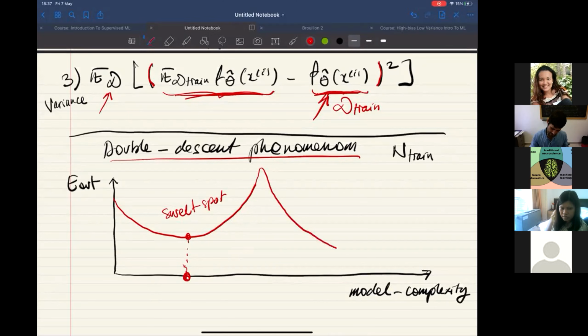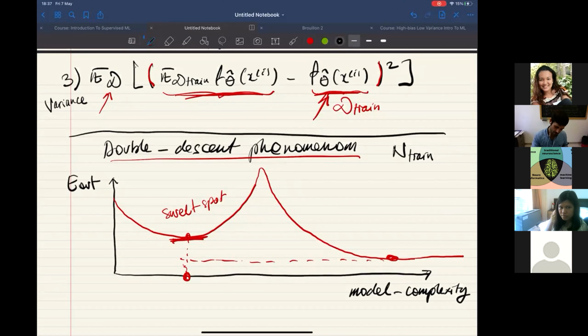And at some point you reach a plateau, but the minimum you reach here can be even lower than the minimum you reached here. So this is what we call the double descent.